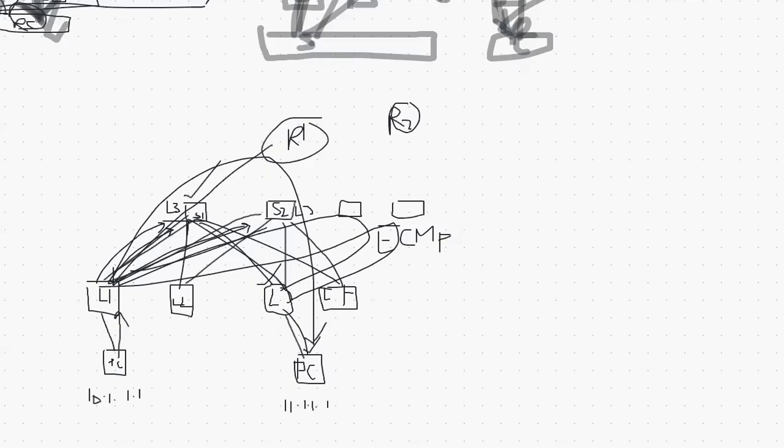So tomorrow we're going to discuss IP addressing, IP spacing, how we separate the IPs, how we create the subnets. That will be tomorrow's topic. Today we discussed the topologies, right? So just try to draw these topologies by yourself.